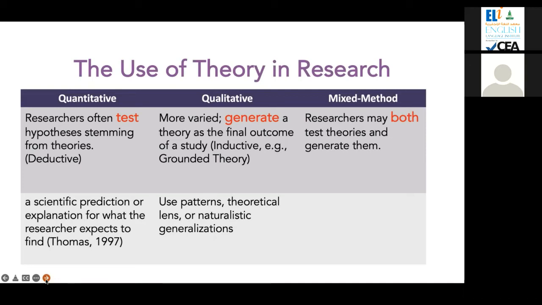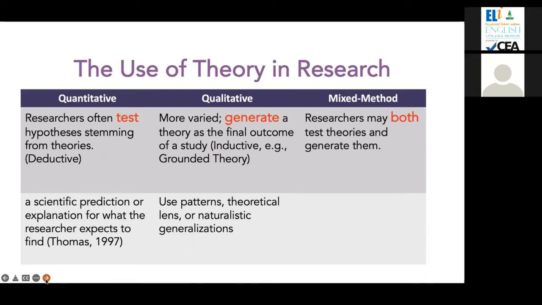So we have a hypothesis, for example, that states that if we increase the amount of sunlight, then the amount of growth will increase. Then we will test it, and see whether the theory is proven valid or not. That's what quantitative research does.